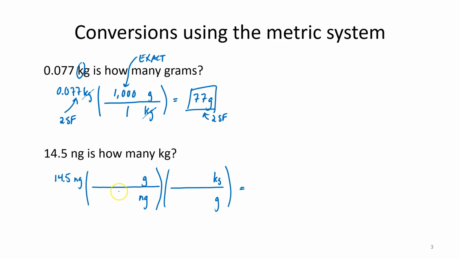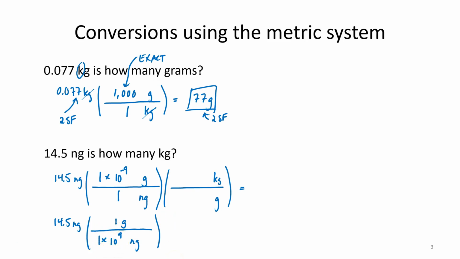Do you see it as 1 nanogram is equal to 1 times 10 to the negative 9th grams? Or are you more like me, and do you see it like this? Do you see it as 1 gram contains 1 times 10 to the 9th nanograms? However you want to set up the problem is fine.